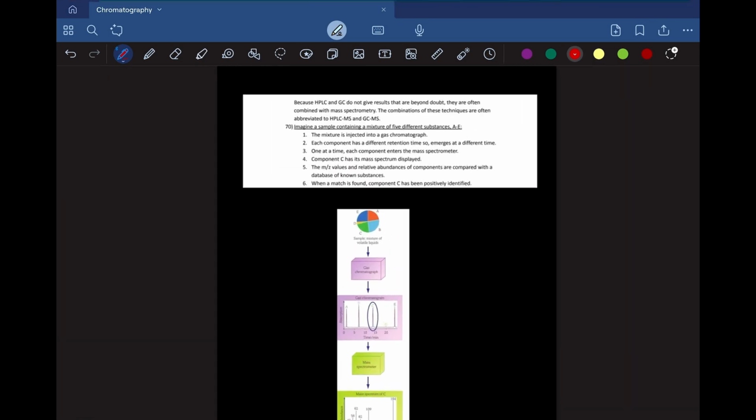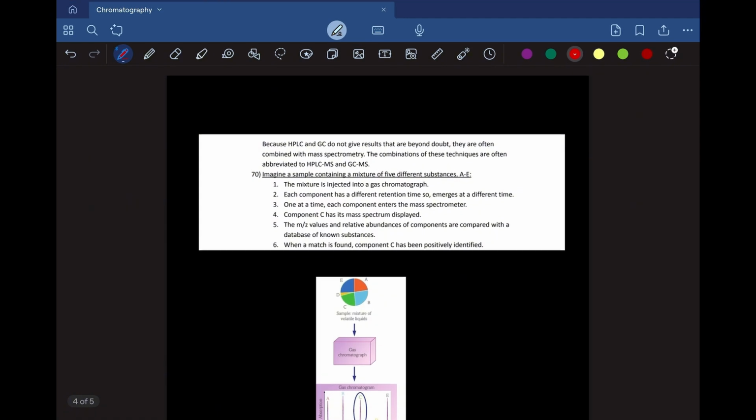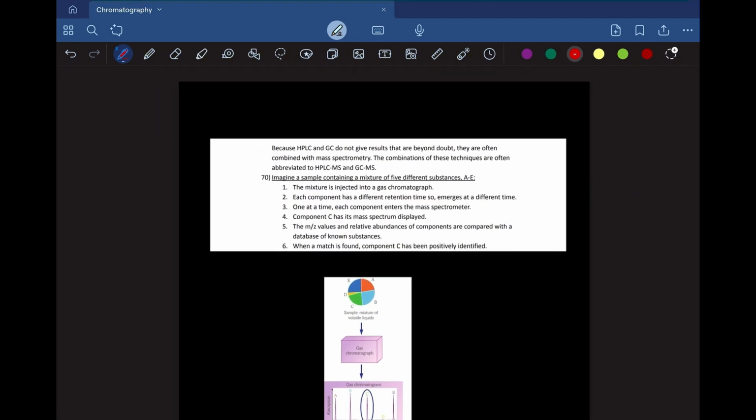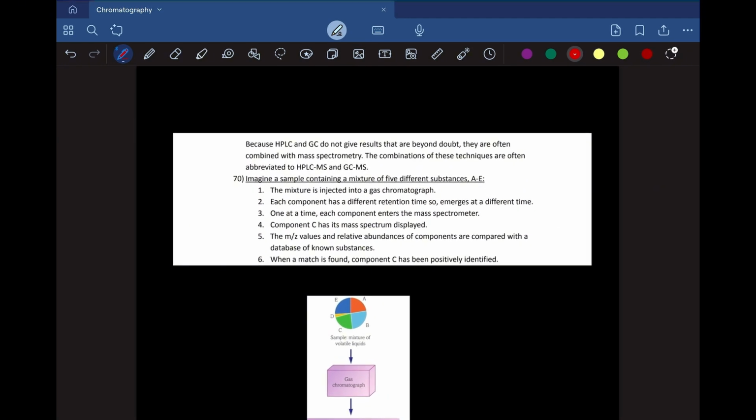As we have understood, they do not always give accurate results. We cannot always say that GC and HPLC are giving accurate results. That's why we always use mass spectrometry as well. We use HPLC and GC with mass spectrometry, because the result of HPLC and GC alone is not reliable.